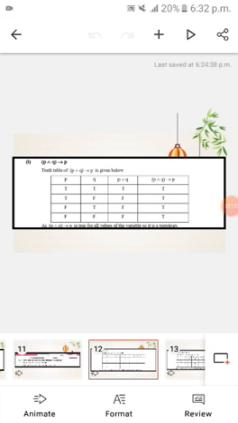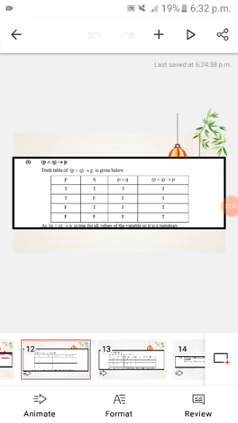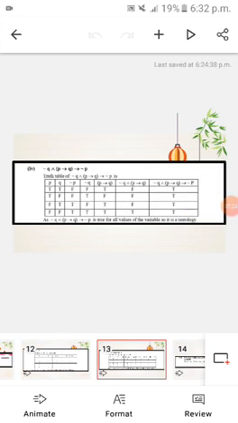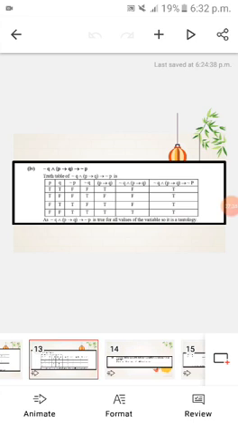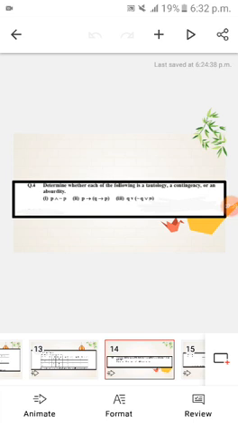At the end, find P and Q conditional P. Because in the last column all elements are true, it means that tautology is verified for all the values. In the next part, also tautology is verified for all the values. And question number 4: determine whether each of the following is a tautology, contingency, or an absurdity.